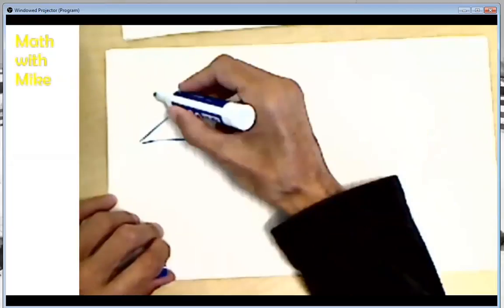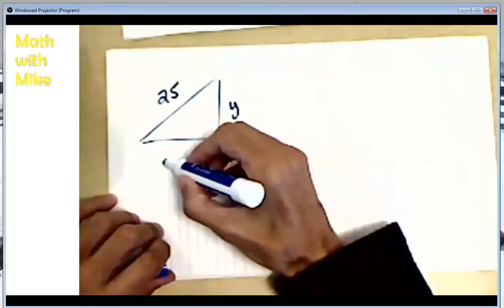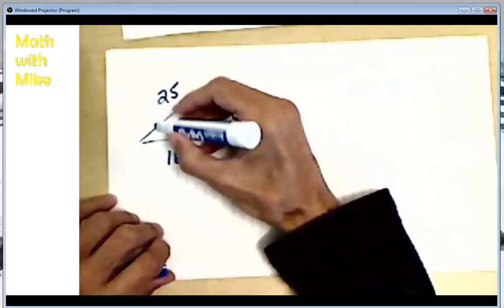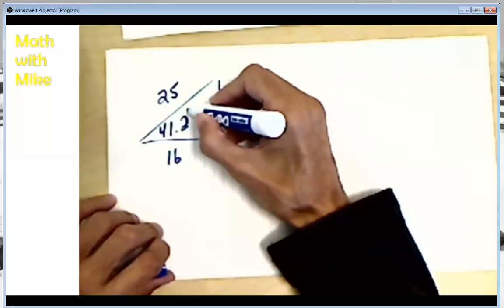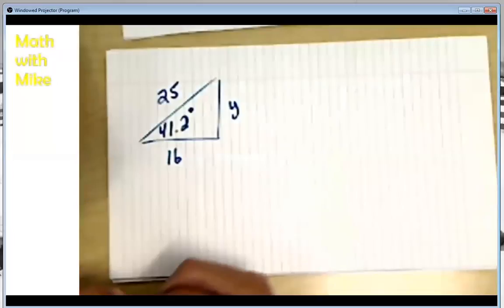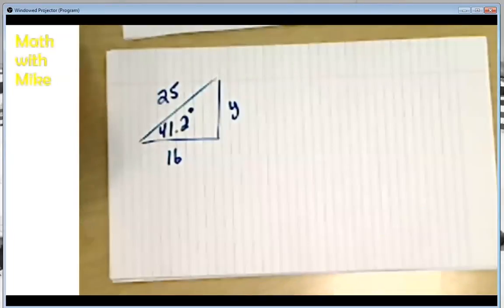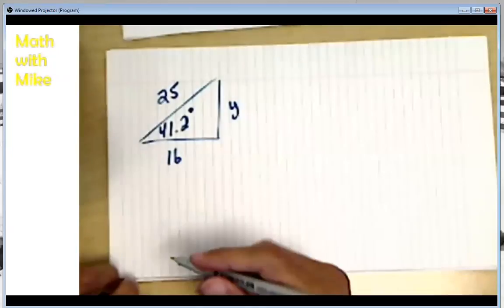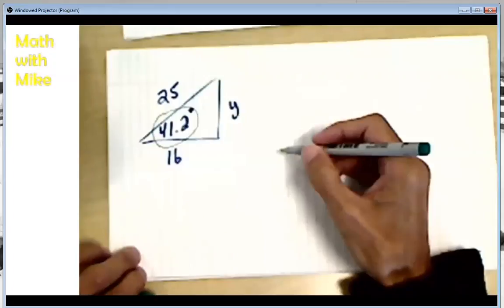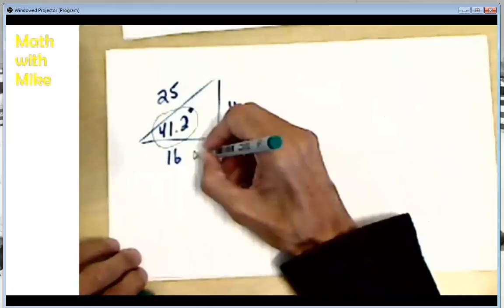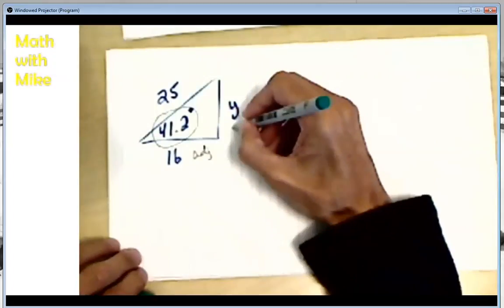That's 25, 16, and this was 41.2 degrees. We could do this in our regular way: circle the angle, label the sides.